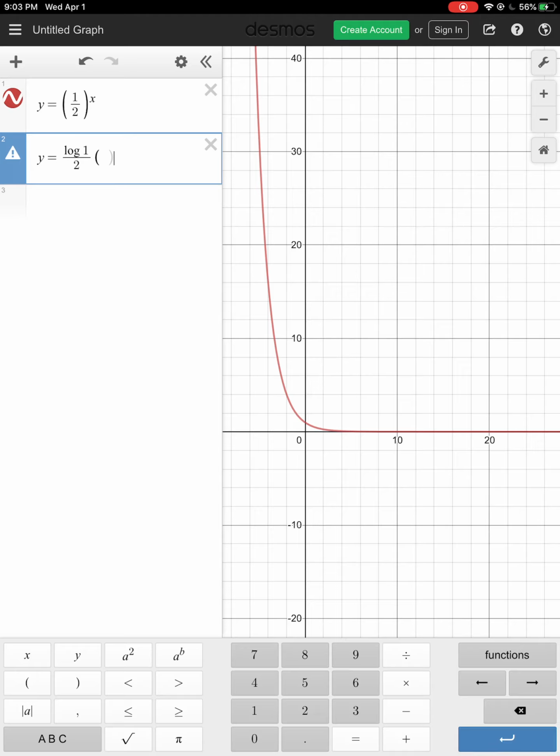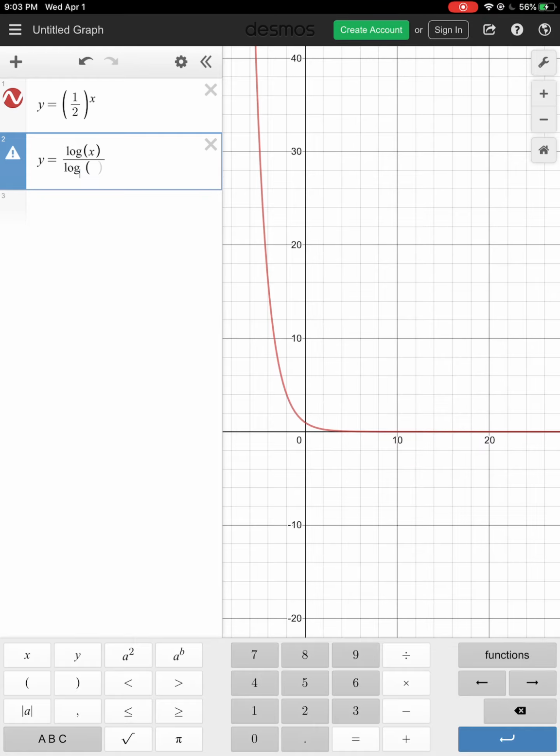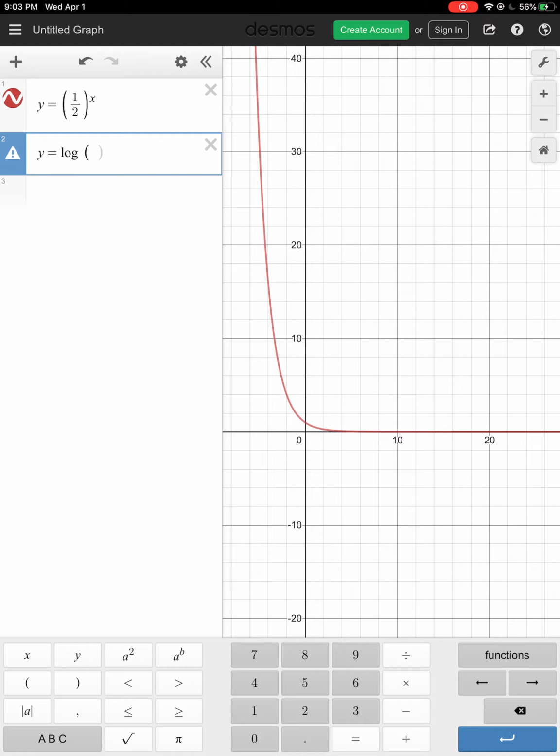I'm going to have to do it in the other manner because it's not really showing it to me like this. So I'm going to do it in that method where I have to take the older style calculators, where you always have to take log of your big value divided by log of your little number. Oh, there is a base one actually. Okay, let's clear that again. Okay, I just found the button. So in my functions, I have this log of a value, so I can actually rewrite it there.